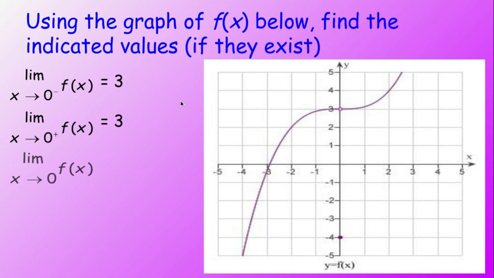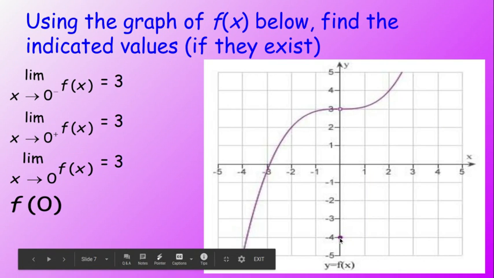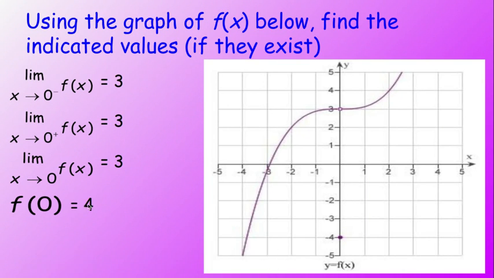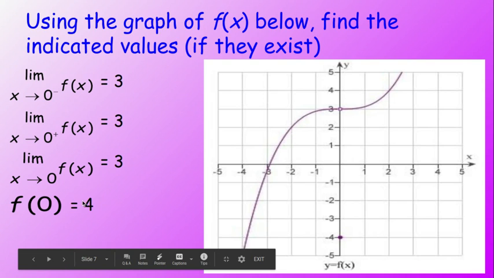And now if we're asked to do the two-sided limit, when there's no sign after it, it implies that it's two-sided. Since the left and the right-hand sided limits are equal, and they both equal 3, that would be the limit of the function. But then the last thing we could throw in is the function value. So if we wanted to find the function value at 0, we would have to look for the point, which actually occurs down here. And that would be, this should say -4, my bad.